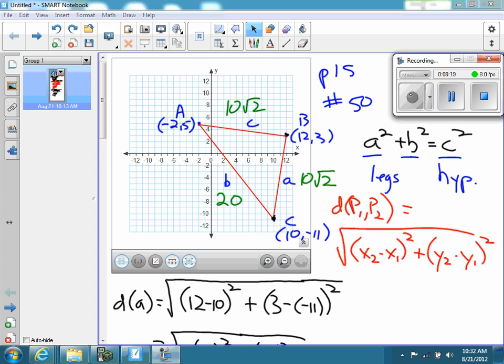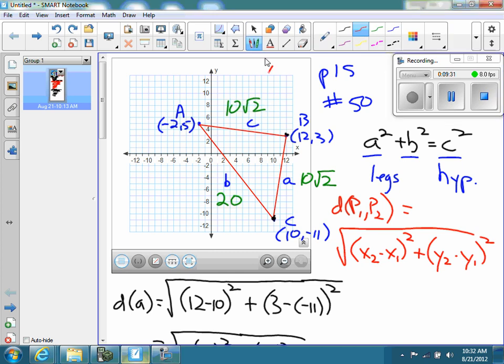Well, one thing I know about right triangles is that the hypotenuse, by definition, is always the longest side. So if I have two sides that are equal, that side there, C, and that side there, A, then the other one has to be the hypotenuse. So side B is the hypotenuse, and C and A are my legs.